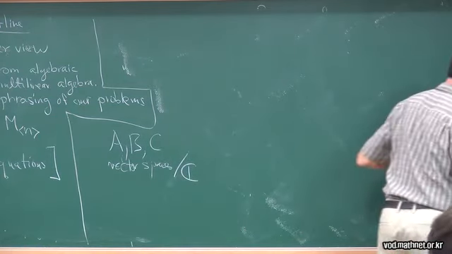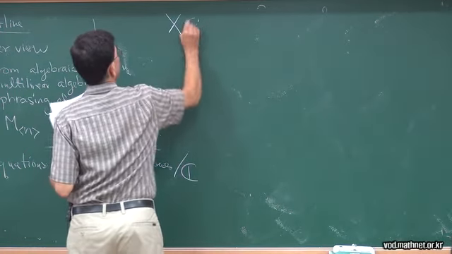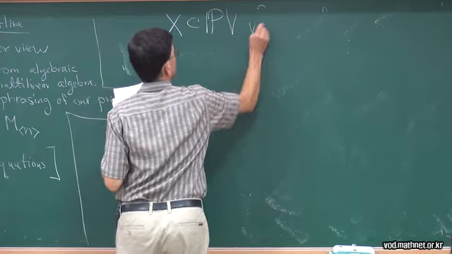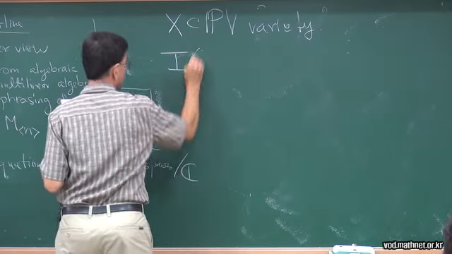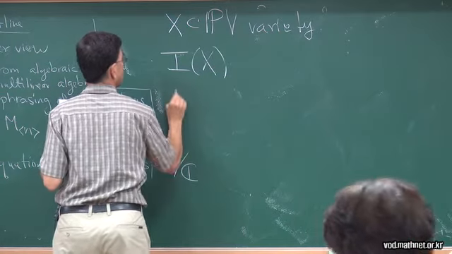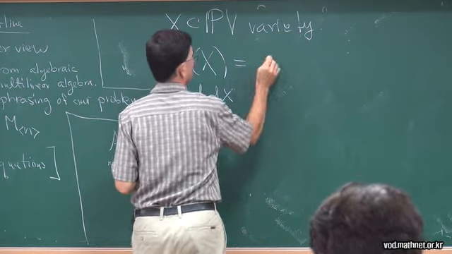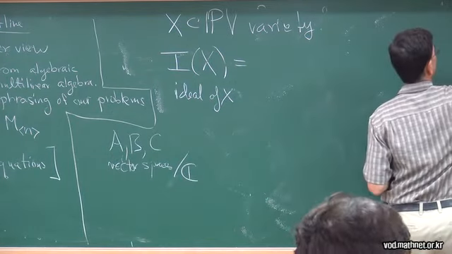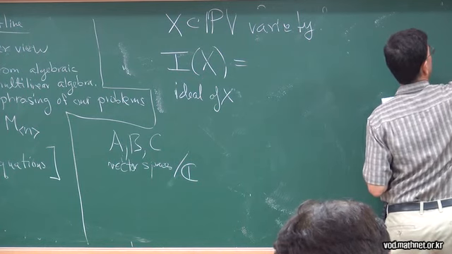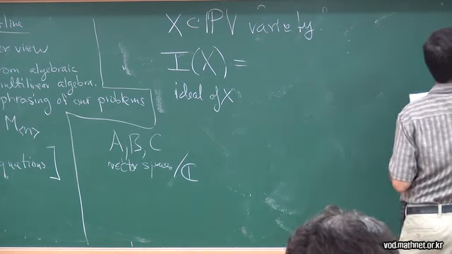Okay, so if we have a variety, then we define the ideal of X. Let's let A tensor without any symbol be the direct sum of all of these.